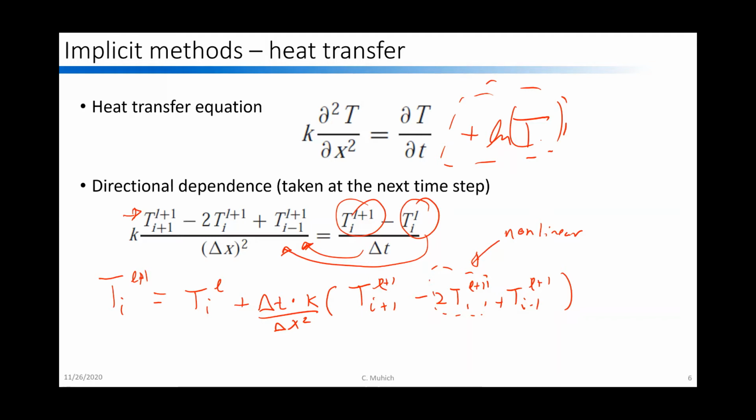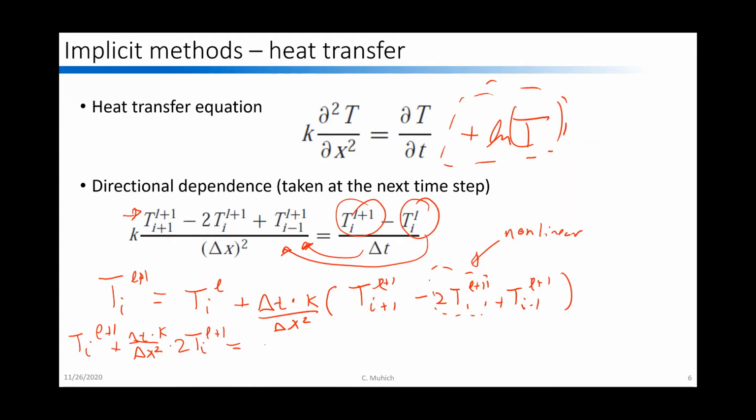But in this case, we can. So let's do that. So we're going to move that negative 2t over. So we end up with T_i^(L+1) plus delta t times k over delta x squared times 2 T_i^(L+1).